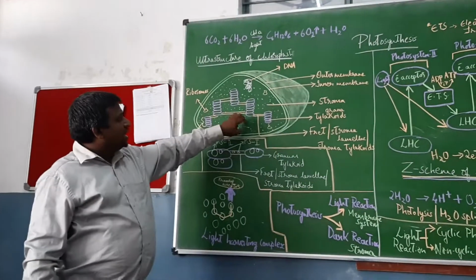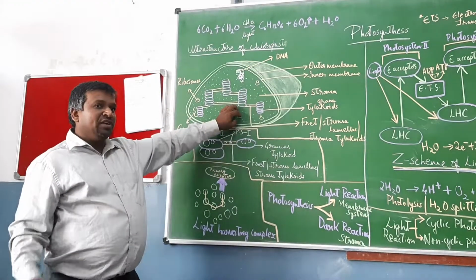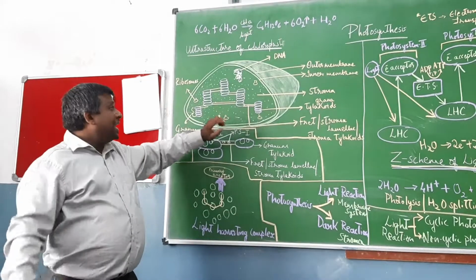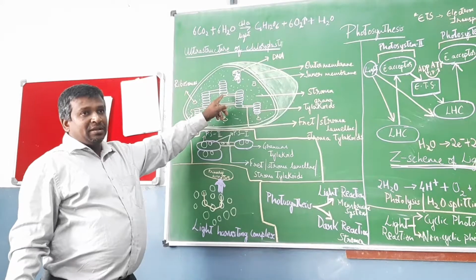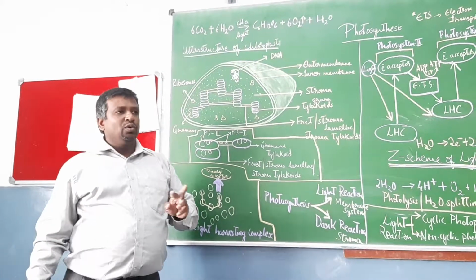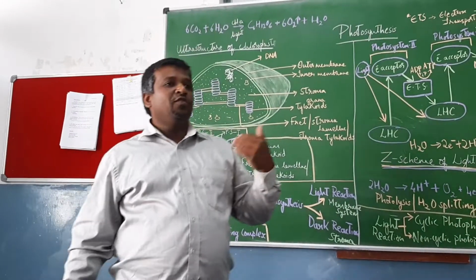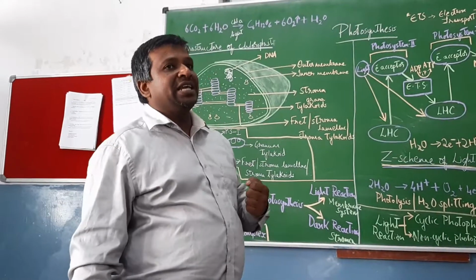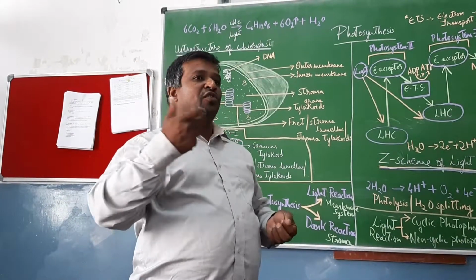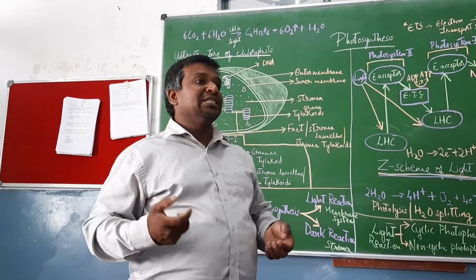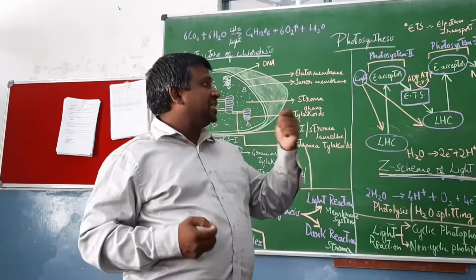So in the stroma, there is going to be the occurrence of dark reaction. Light reaction takes place in this membrane system. Okay, so light reaction is of two types: cyclic photophosphorylation and non-cyclic photophosphorylation. When we are using the word photophosphorylation, it means synthesis of ATP in presence of light.